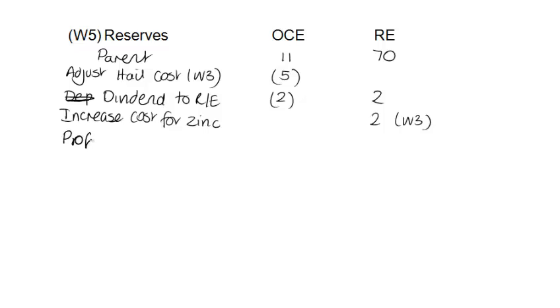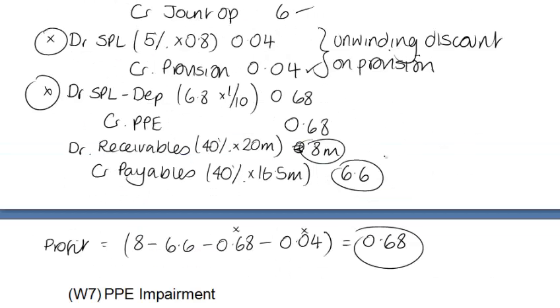So profit on joint operation from working number 6 is 0.68. It was fiendishly difficult, there's no doubt about that. So that's note C dealt with.